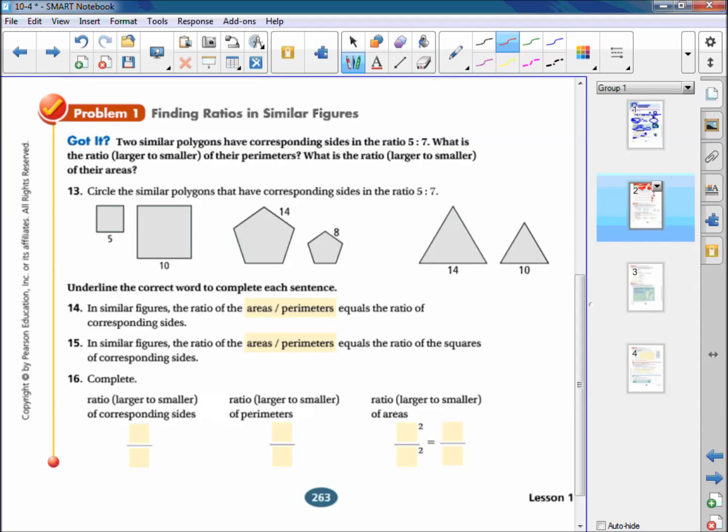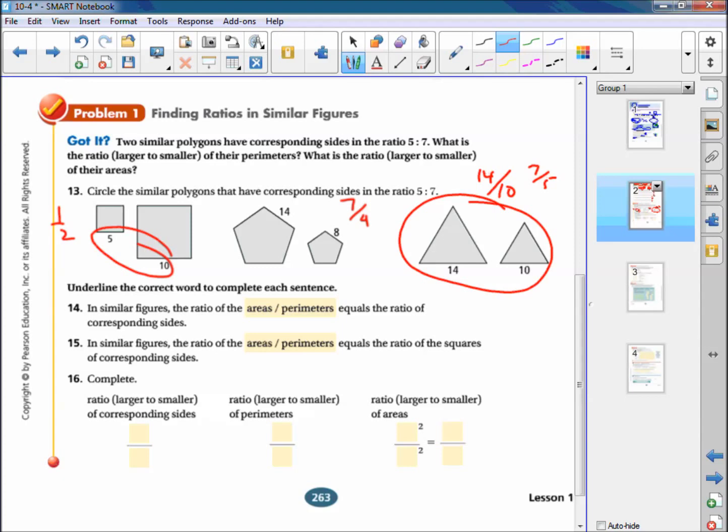Okay, this is a 1 to 2 ratio, or a 2 to 1, but certainly not 5 to 7. This is a 14 to 8, which will reduce to 7 to 4, or 4 to 7. So this guy is not 5 to 7. And this is a 14 to 10, which is a 7 to 5, or 5 to 7. So this is the ratio of 5 to 7, okay?